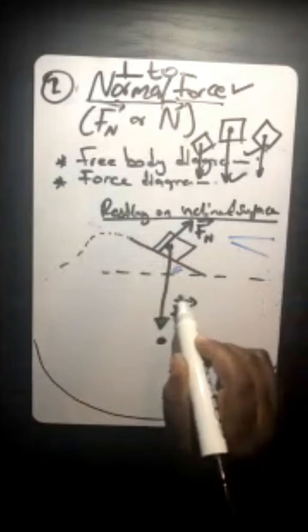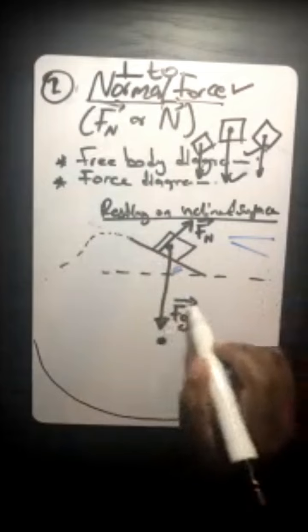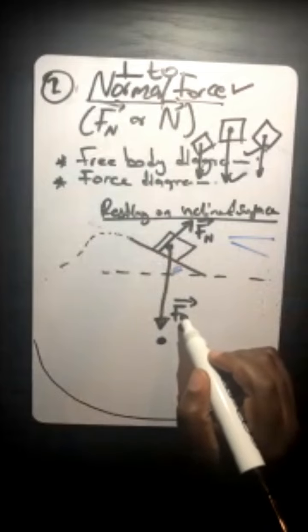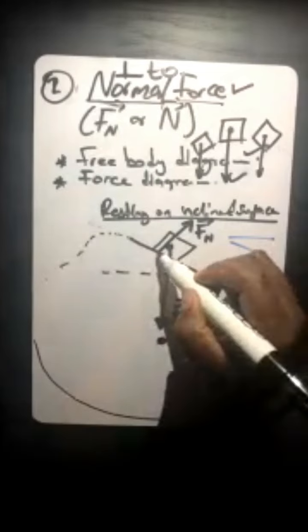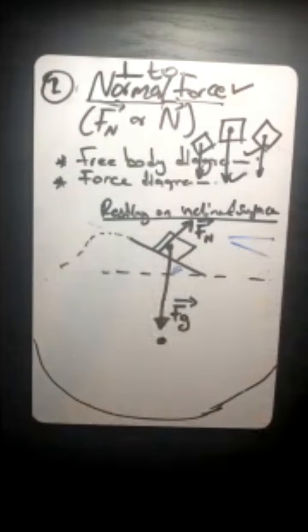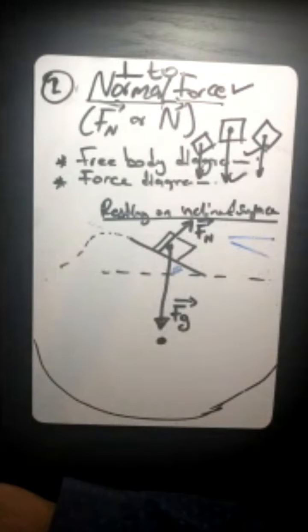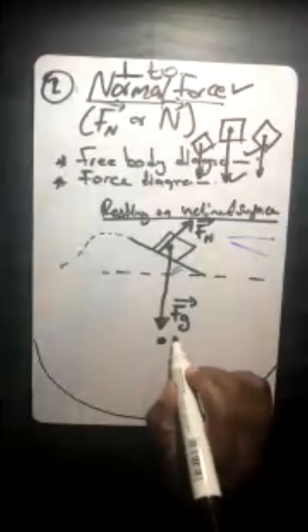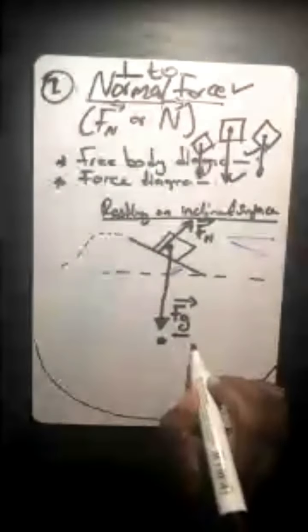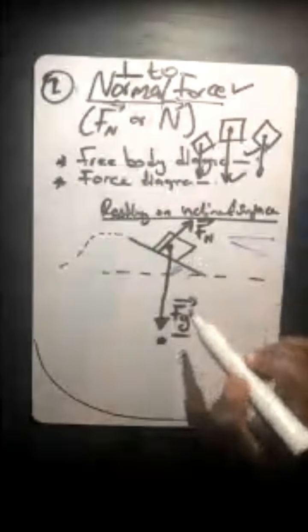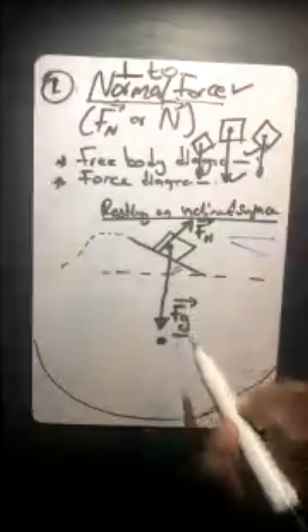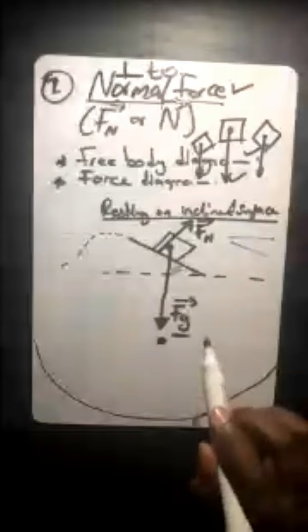So remember, guys, this force of gravity is not acting in the opposite direction to the normal force. Do you agree? Yes, sir. And force of gravity is a vector quantity, so we can resolve this vector quantity into its components.